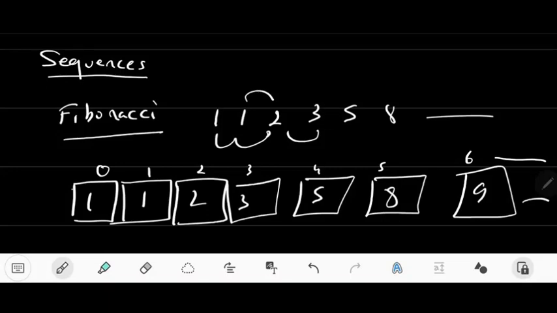Now we have different types of sequences that we will study in this chapter. Usually the sequences that are interesting are the sequences where there is a pattern to follow. So the numbers in the boxes are not any numbers, they are numbers following a given pattern. And when they are following a given pattern, they are usually representing some physical problem.